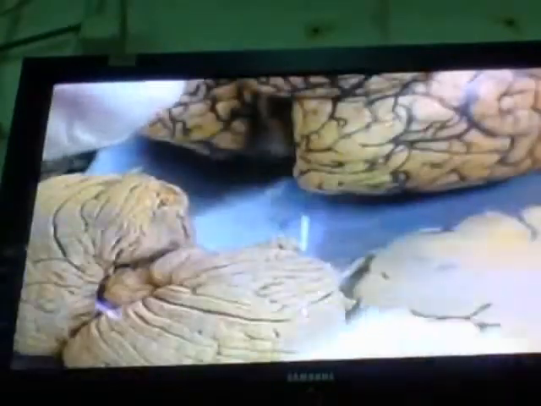The vestibulocerebellum, which has some projection with the vestibular nuclei, corresponds to the archicerebellum. The spinocerebellum, with a connection with the spinal cord, corresponds to the paleocerebellum. And finally, the one corresponding to the neocerebellum is in connection with the cortex. Okay?